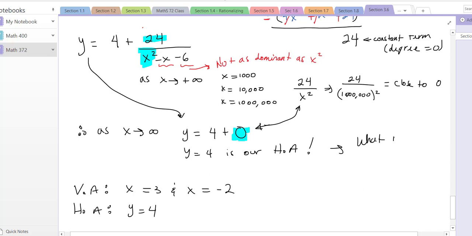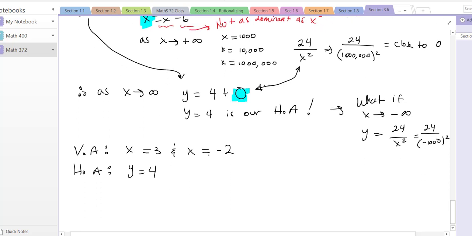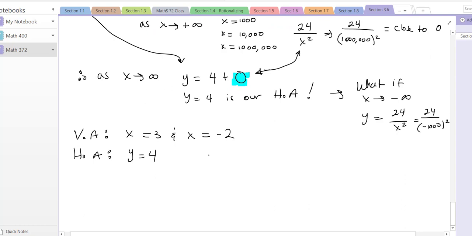Does it change? No, right? Because if you notice, y equals 24 over x squared, so put in negative 1,000. Negative 1,000 squared, the square makes it positive, so you end up with the same asymptote. So the horizontal asymptote is still y equals 4.